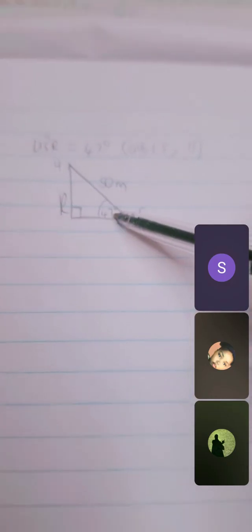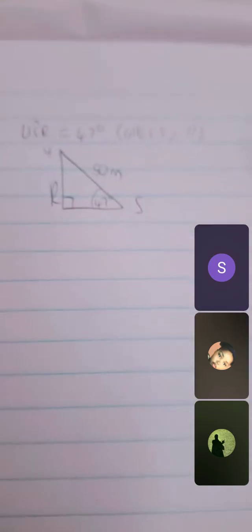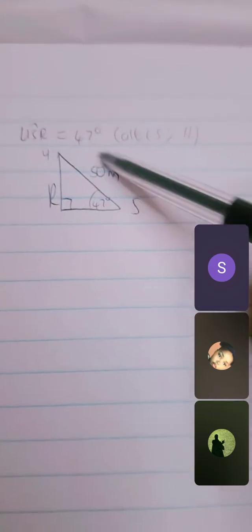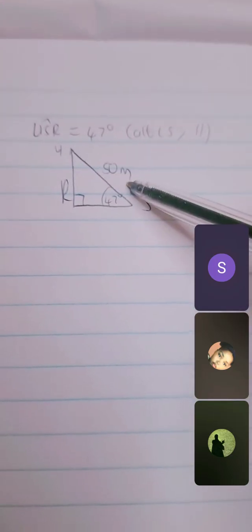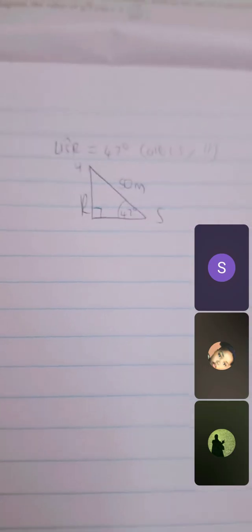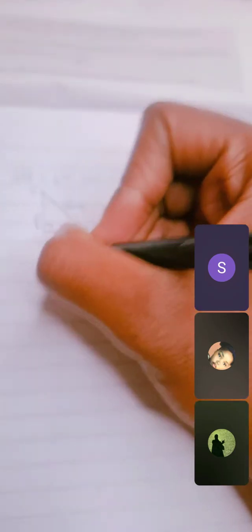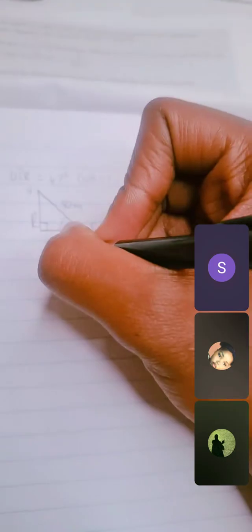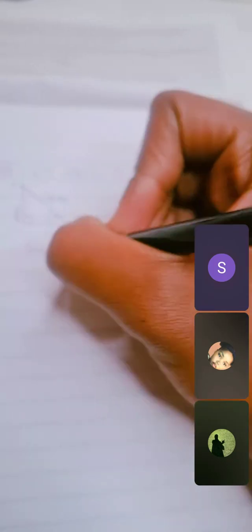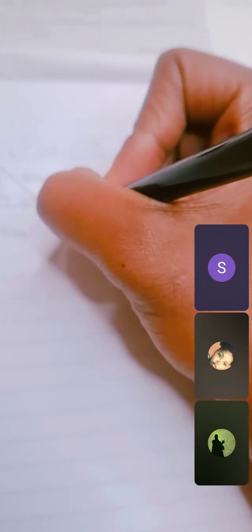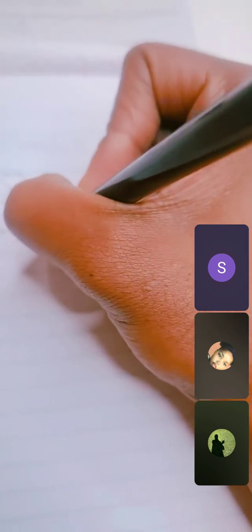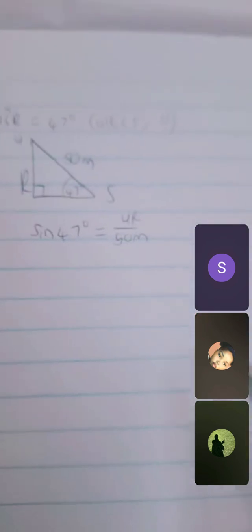So what is UR in relation to this angle? What do we call this side? Opposite. And what do we call the side that has been given to us? Hypotenuse. So which trig ratio takes those? Sine. Exactly. You see, guys, sine 47 is equal to UR over 50 meters.